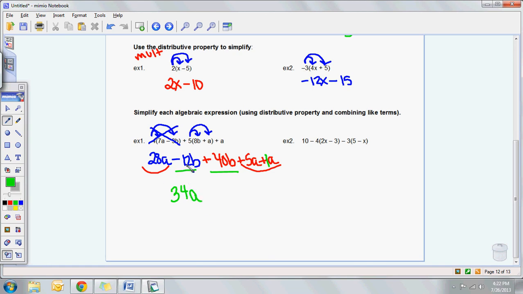And then we have our b's. So we're going to do 40 minus 12, essentially, because we're doing opposite sign subtract, is going to give us 28. And it's going to be positive because the bigger number is positive. And I have no parentheses, I have no like terms, so I am good to go.